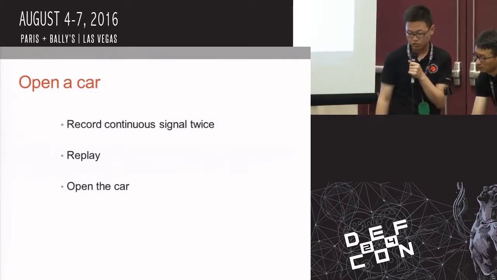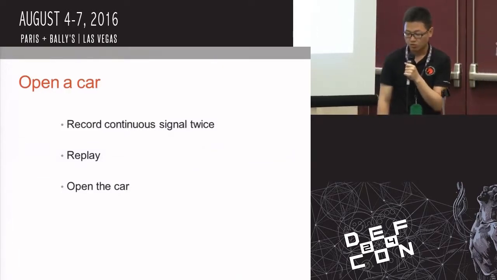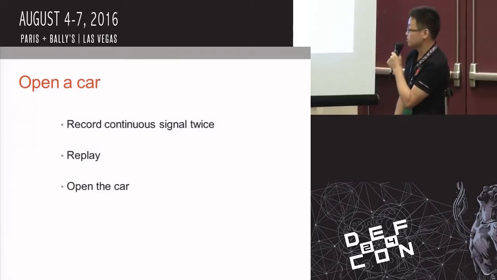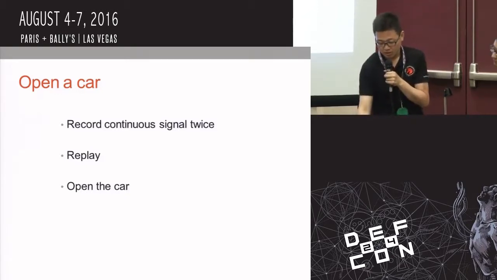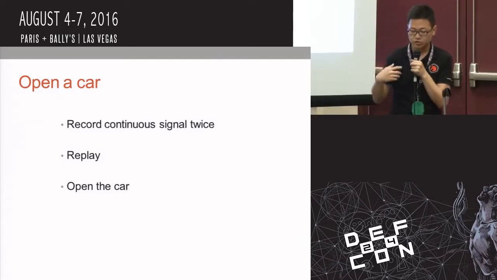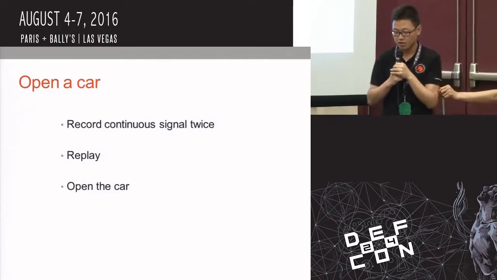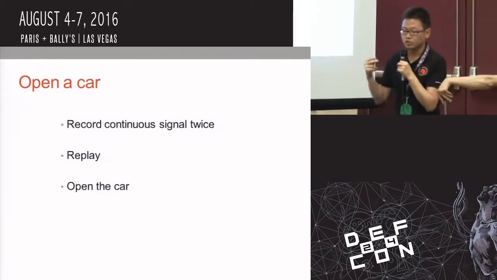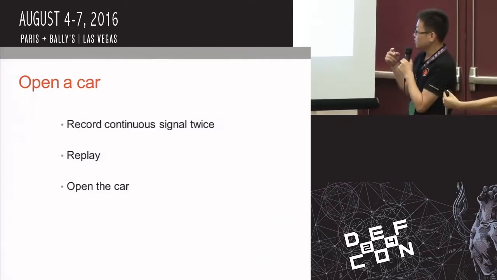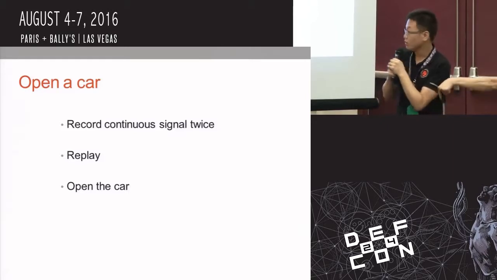Some manufacturers had problems, so if a car has the problem we found, how could we open it? First, we record two continuous signals, which means we get two continuous sync counter numbers, and then we replay them.